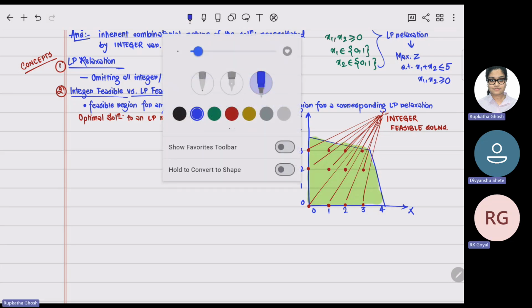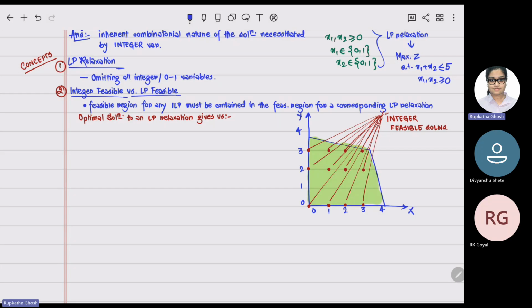It will give an upper bound. If it is a minimization problem, then this optimal solution will probably give the upper bound of the solution. If it is a maximization problem, then it is an upper bound. Okay, you are kind of right.